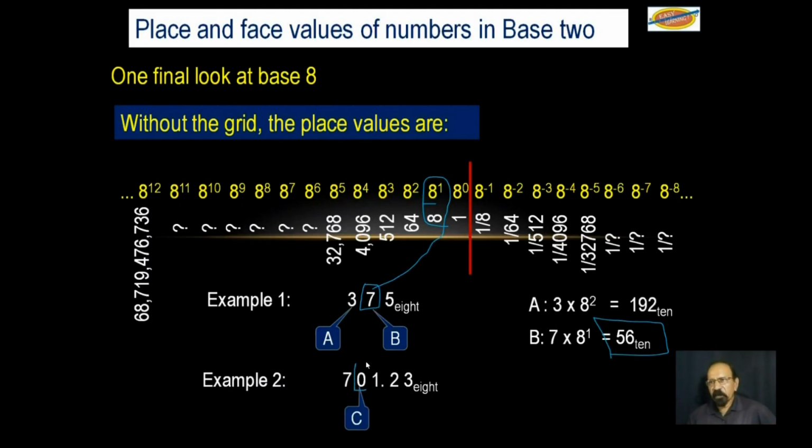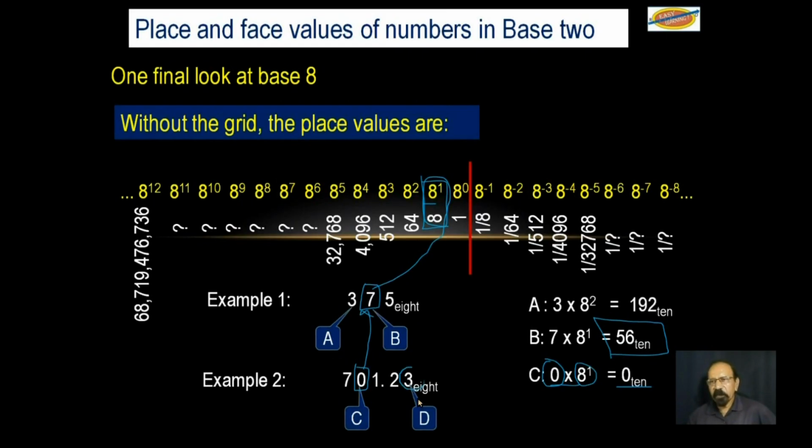Consider this 0 here. We are still in base 8, which is about the same place as that one was just now. And so we know that that would be in the 8th position. So we get 0 is the face value times the place value, and we get 0.